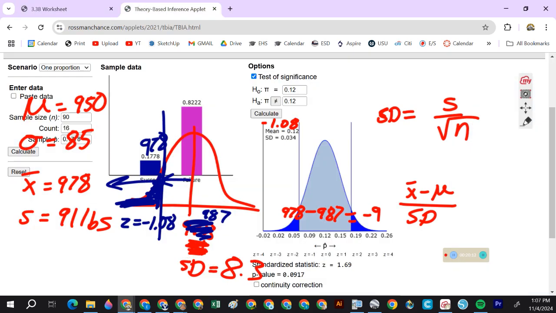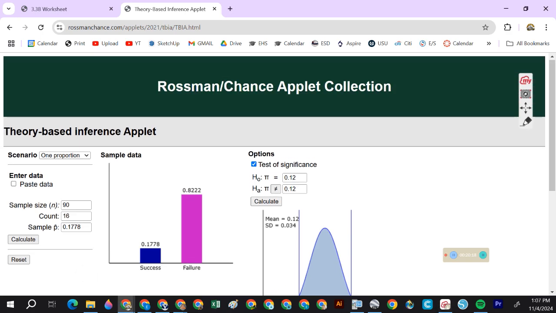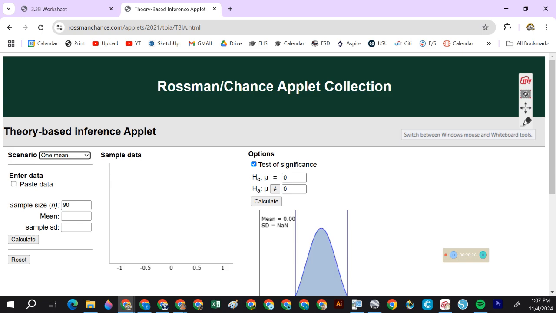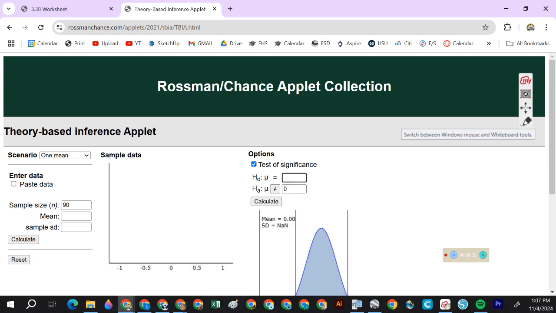So let's do this. Now, when you do a test of significance, we have the choice between 1 proportion, 1 mean, 2 proportion, and 2 means. So I'm going to select 1 mean, and notice my pi turned into mu, and my population mu is 987.